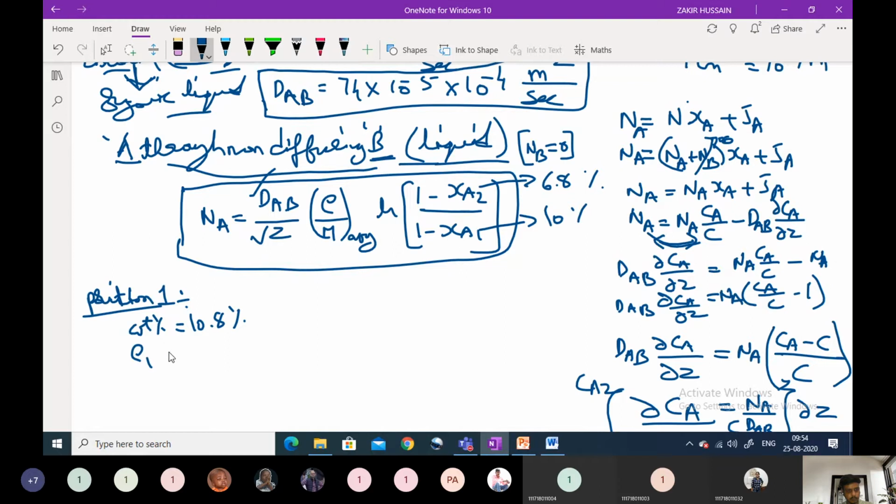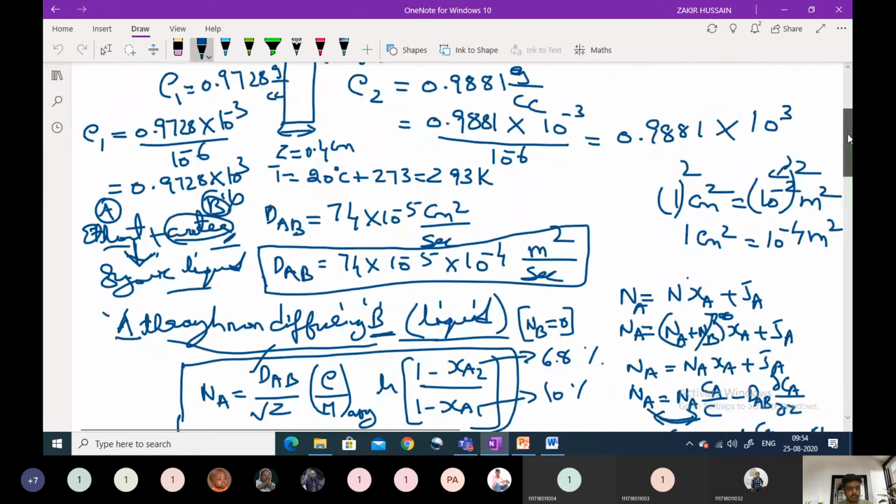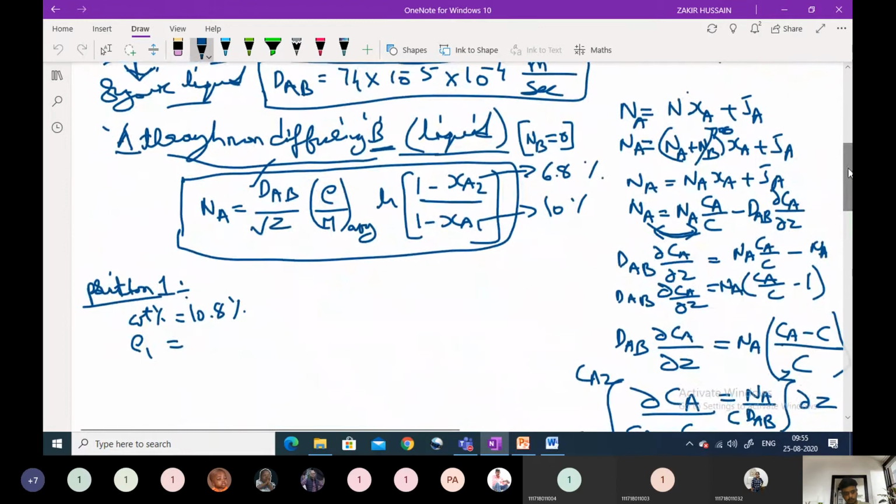Density rho 1 is equal to 0.9728 into 10 power 3 kg per meter cube. Okay, I am writing the data here once again so that it will be easy.